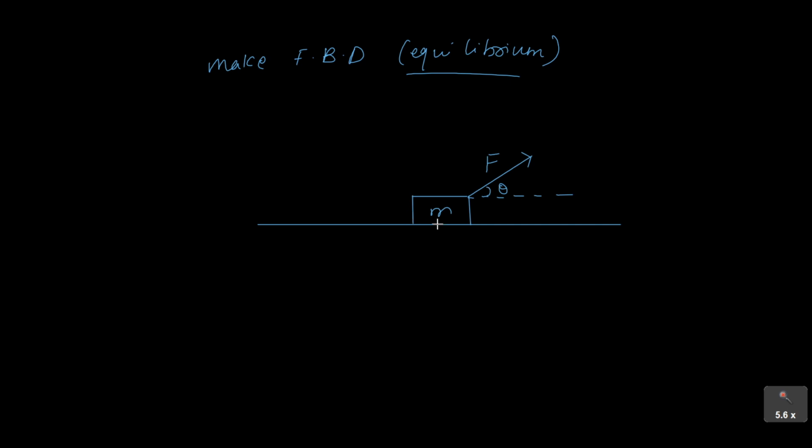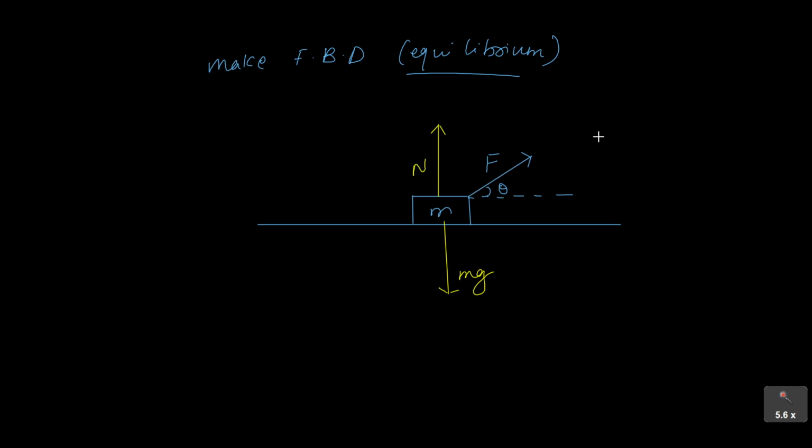So first of all, whatever knowledge we have earlier, we will use the same thing. There will be one force which will be acting downwards. This will be your mg, and perpendicular to the surface there will always be a force which is your normal force.